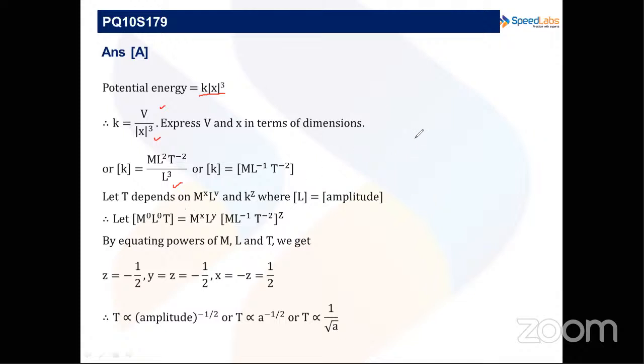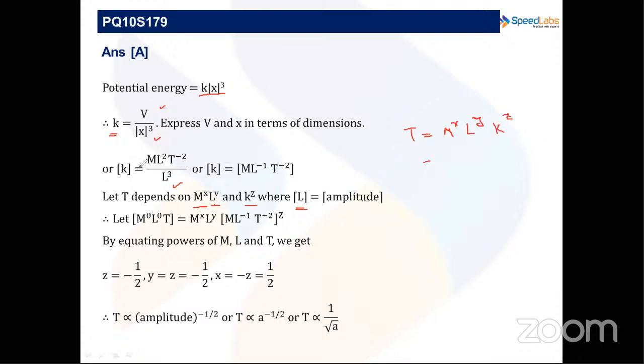So now उन्होंने t के लिए बोला है कि let t depend on mass and length and k raised to power z, where k is this constant, and length is nothing but amplitude, this is distance. So यहाँ पे उन्होंने basic dimension वाला formula लगाया है. They are just equating the dimensions. So time period का dimension, let it be m raised to power x, L raised to power y, and k raised to power z.